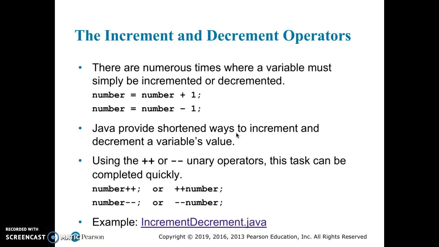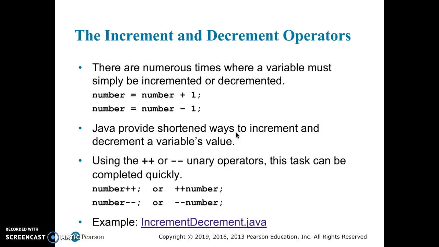So first we have the increment and decrement operators. Quite often in a loop, you will be wanting to go through a list or a series of numbers, and you want to keep track of how many times you've gone through the loop. A simple way to do that is to have a number that is going up each time you go through the loop.